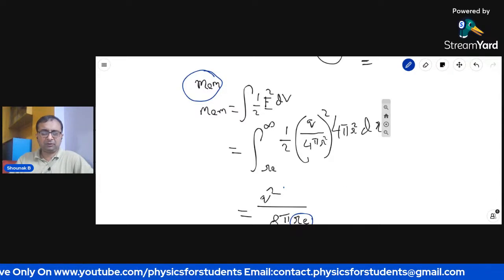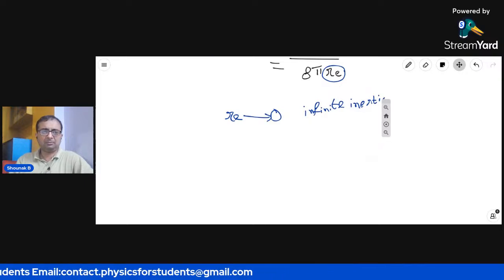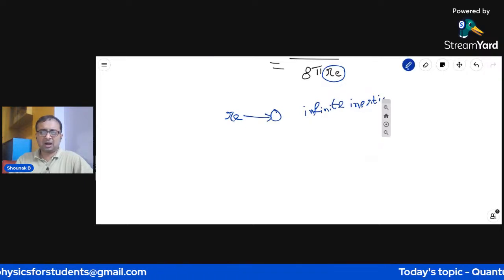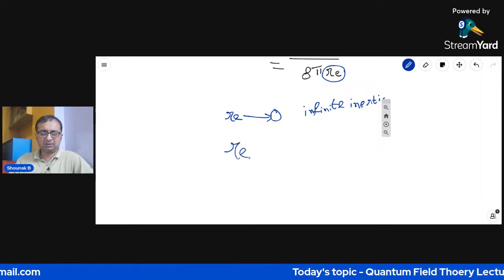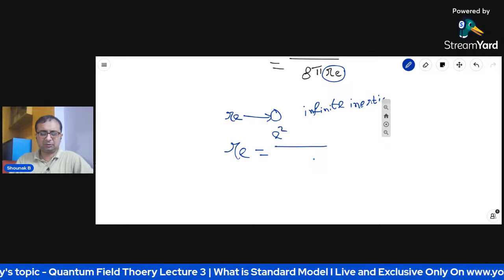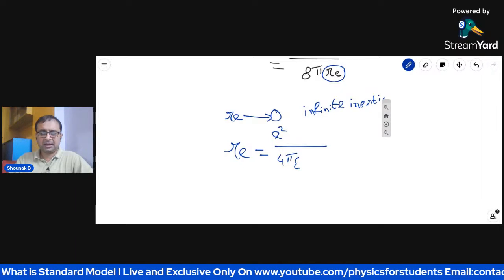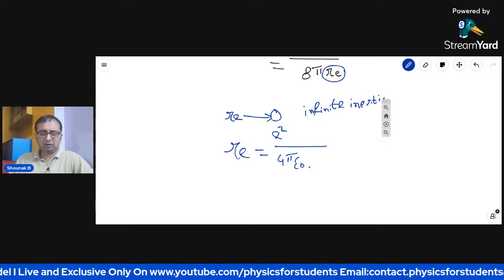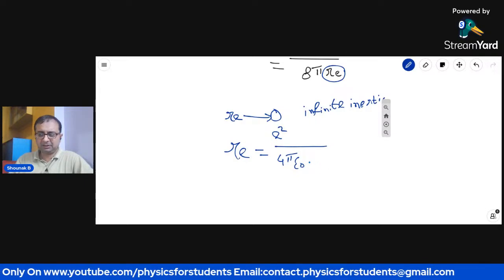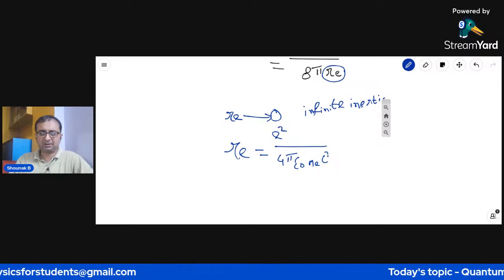And what would this r_e be? Let us find out in a very basic way. This r_e would be equal to e squared over 4 pi epsilon naught, the permittivity of free space, times m_e c squared.